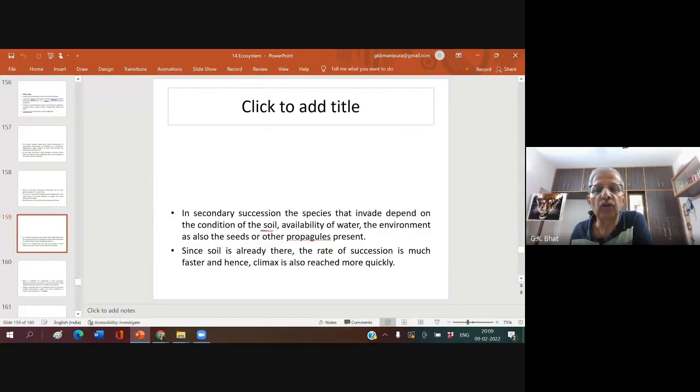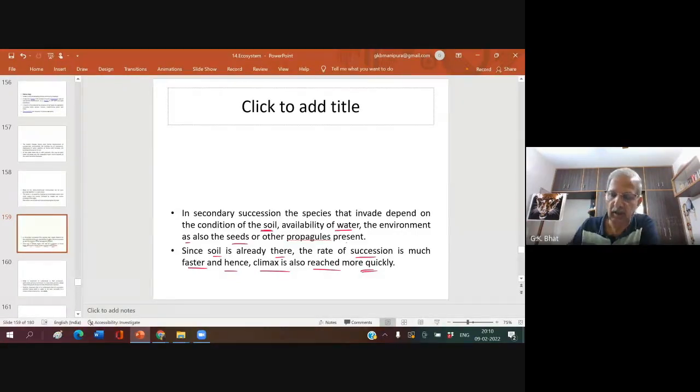The condition of the soil should be congenial for the growth of new species. Since the soil is already there, the rate of succession is much faster, hence the climax is also reached more quickly.